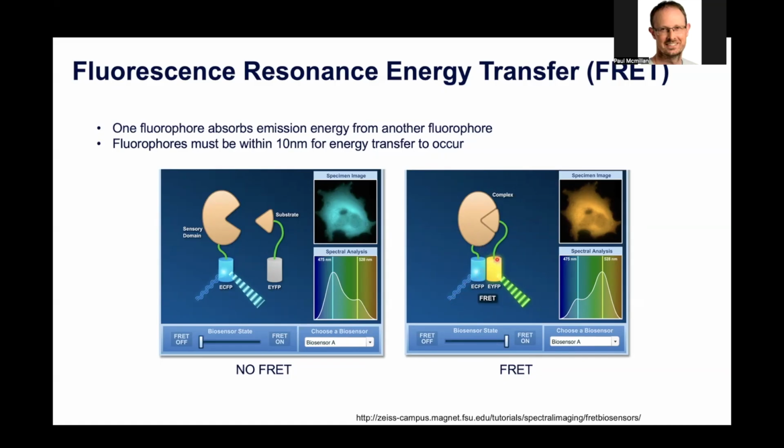So when they are within that 10 nanometers, if we excite the CFP molecule, rather than the CFP molecule emitting the light, it actually transfers that energy to the YFP molecule, exciting the YFP molecule, and therefore we have emission coming from the YFP molecule rather than the CFP molecule. And if we look at the emission curves here, you can see that that's shifted to the YFP species from the CFP species.